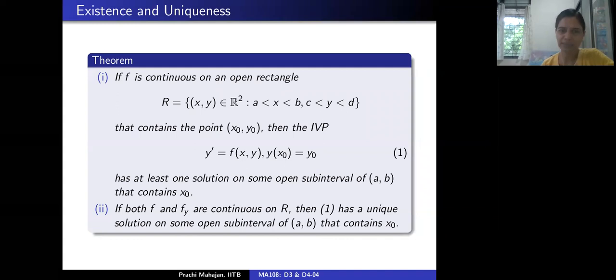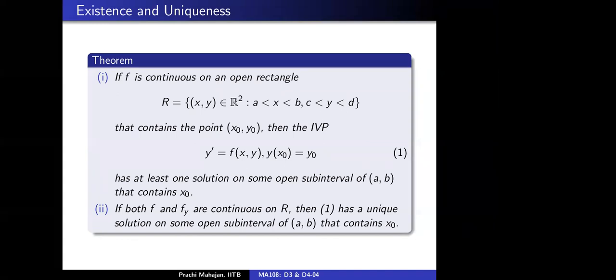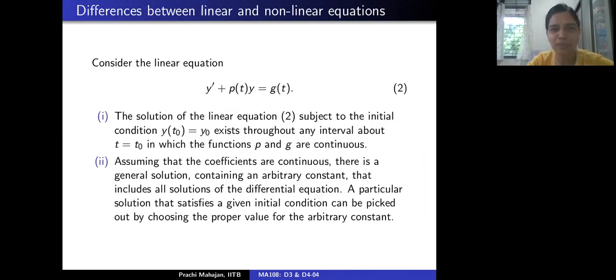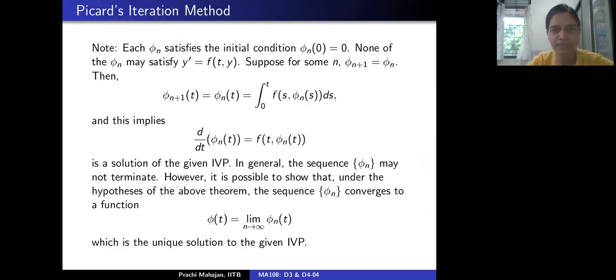Is that okay? Yes, ma'am. And you said that you'll answer the question about what happens if the initial value in Picard's iteration method is not 0,0. I told you that you should think about it, but if there's a problem, let's discuss it now.